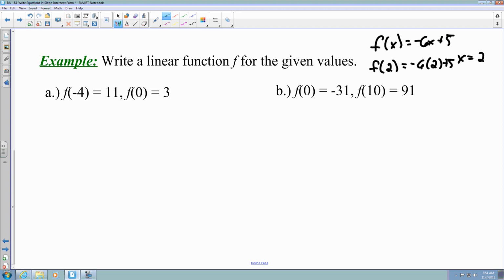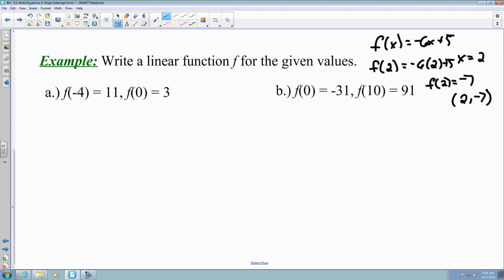And that gave you what? f of 2 equals negative 12 plus 5, which would give you a negative 7. So in writing it like this, our coordinates here would be 2 comma negative 7. So what they've already done is they've given you the results of what the function would be if x equaled negative 4 and x equals 0.